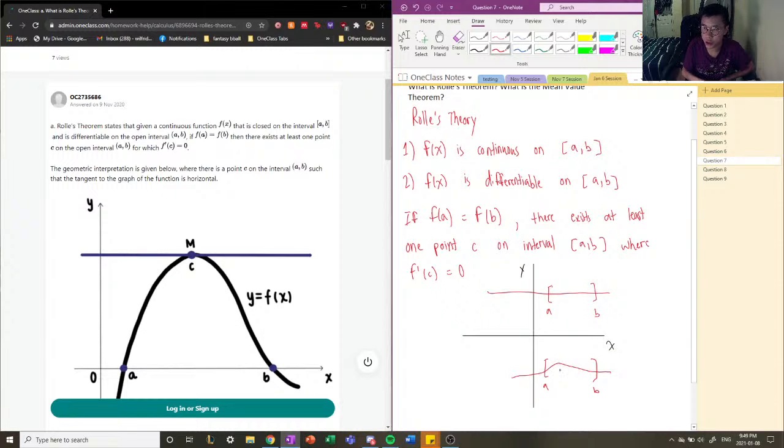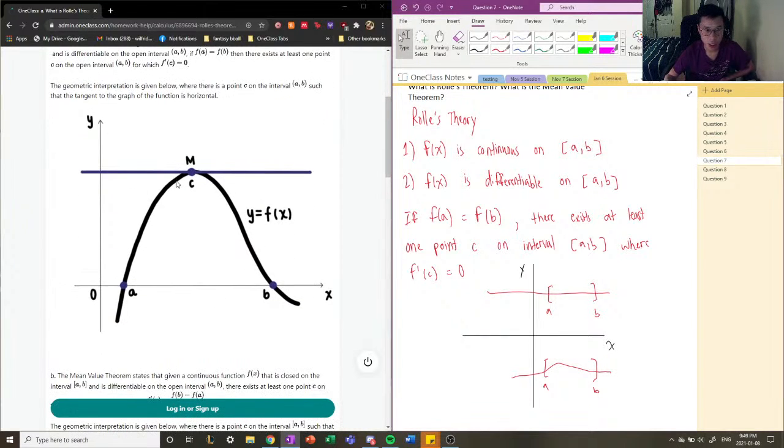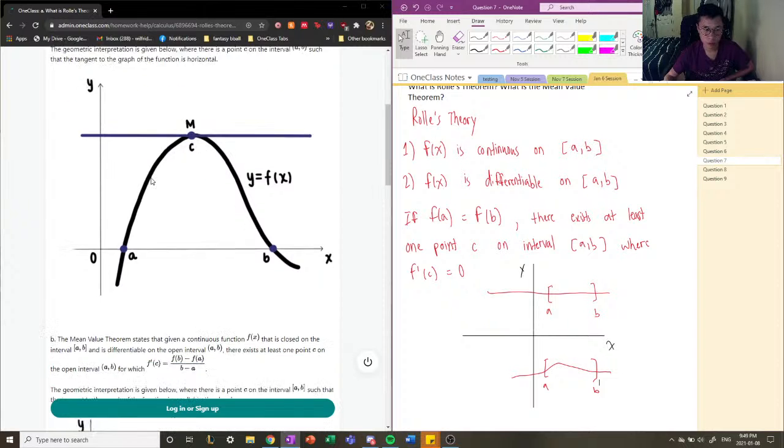That's what the theorem is stating: there's at least one point where the derivative is equal to 0. This is a good geometric interpretation, where this is a continuous function that is also differentiable on this interval, and we can see that at point c the slope is 0. So that's what Rolle's theorem is stating: there could be multiple points, but at least one.